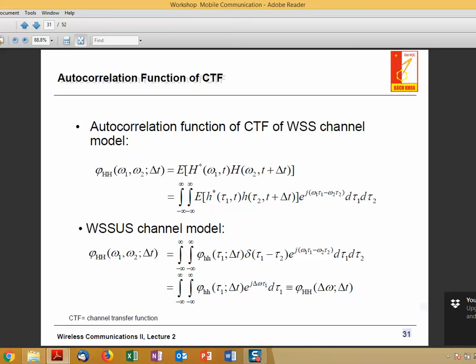However, here you have the conjugate complex, so it should be plus j omega 1 tau 1. From here to here, actually it's only this replacement, and so we have obtained this result.